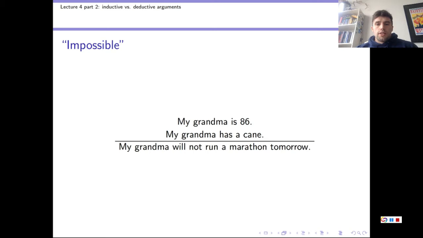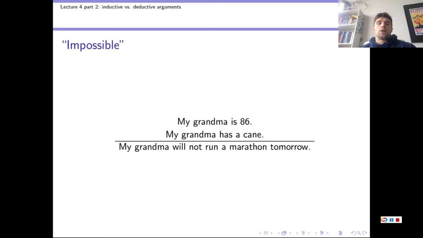So the crucial point is this. If an argument is deductively valid, its conclusion makes no factual claim that is not, at least implicitly, already made by its premises. Therefore, it's logically impossible for the conclusion of a deductively valid argument to be false and its premises true, because if the conclusion is false, then it must contradict some of the factual claims made by the premises.